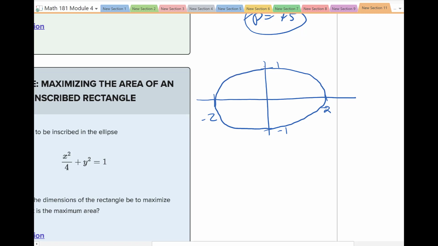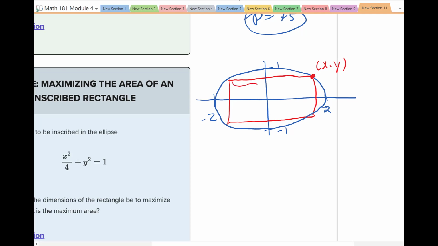Okay. And then we will have our rectangle inscribed in it. Okay, not perfect, but that's what it is. And just take this point here, we'll call that xy. And what we're looking at is we have length and we have width.